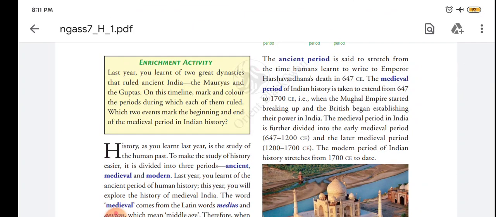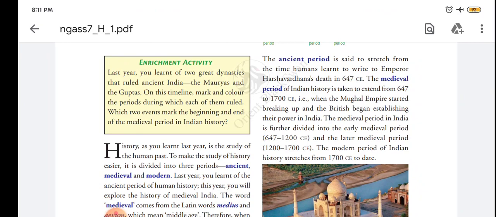The medieval period in India is further divided into two periods: the early medieval period from 647 to 1200 CE, and the later medieval period from 1200 to 1700 CE.